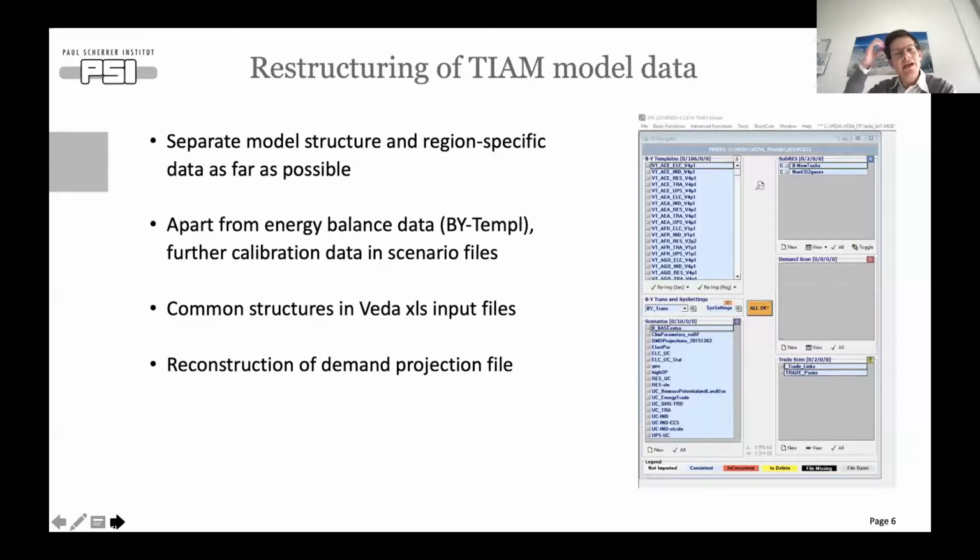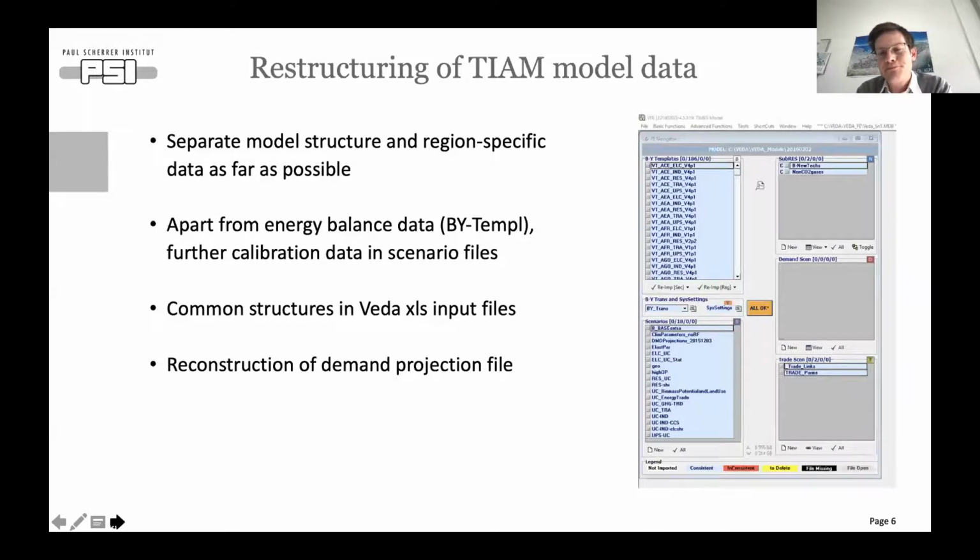And I also dealt with a restructuring of the TIAM model to be able to incorporate these central data sources much better. So I tried to separate to some extent the structural part of the model and the region-specific data.